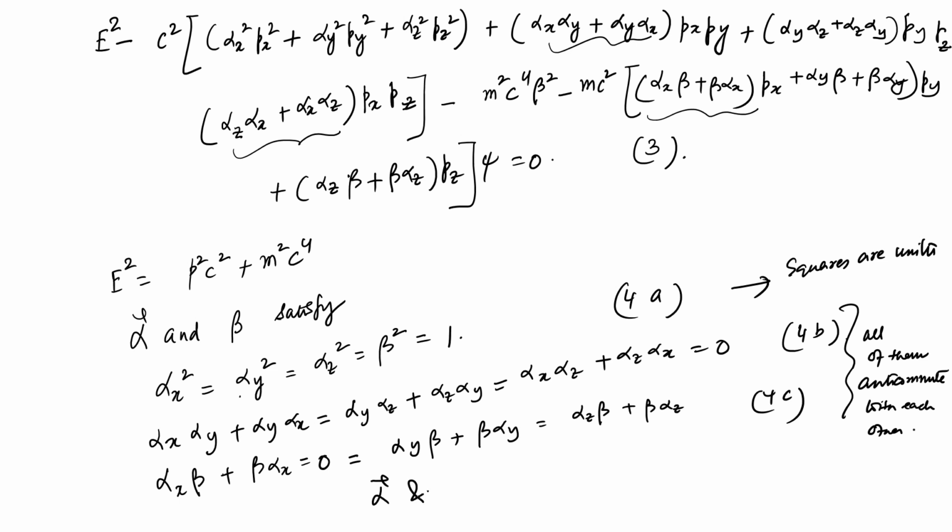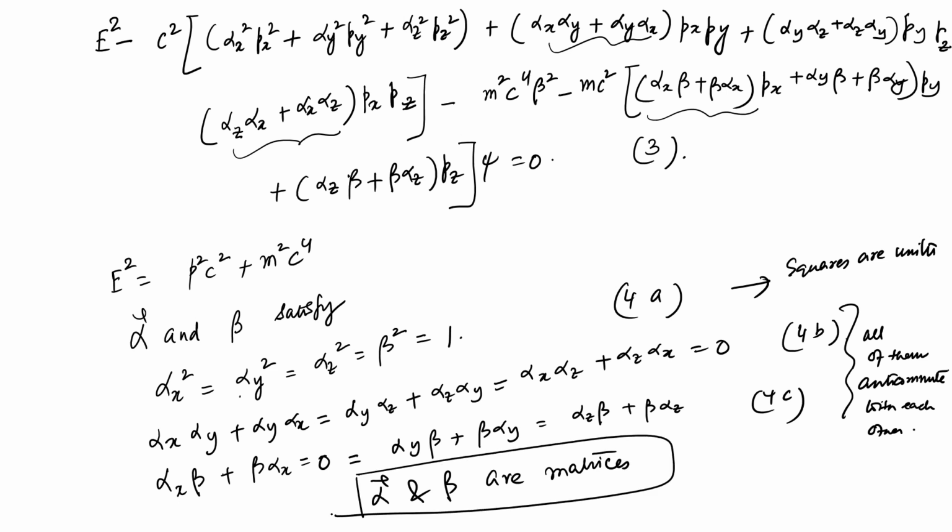So, alpha and beta are matrices, but we do not know what the rank of the matrix is and so on. But at least we know that they are not single-component objects. Psi is a column vector, while alpha and beta are matrices.